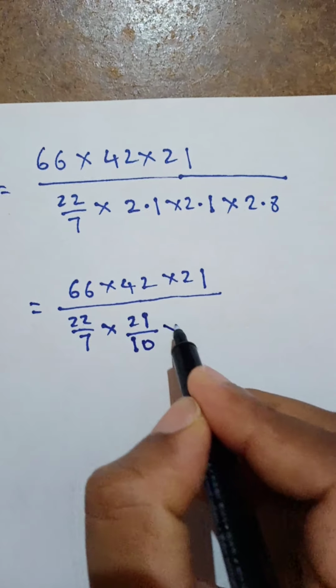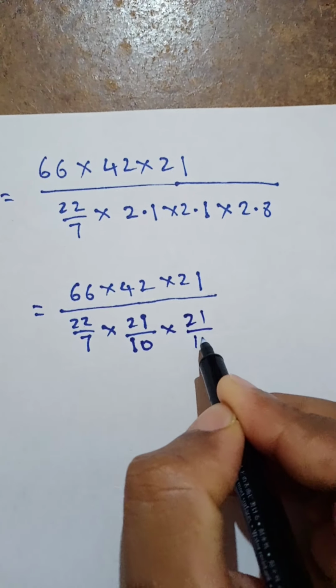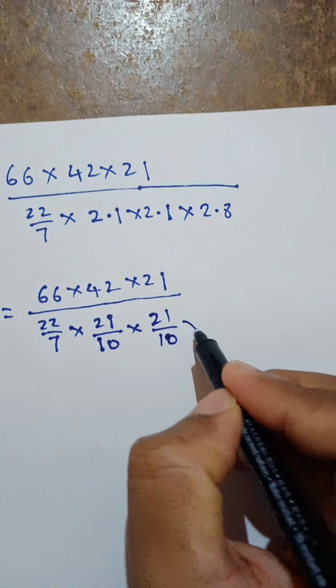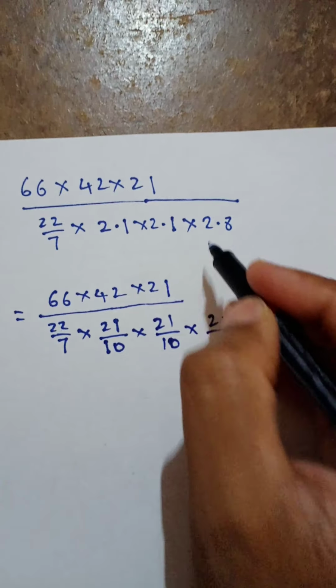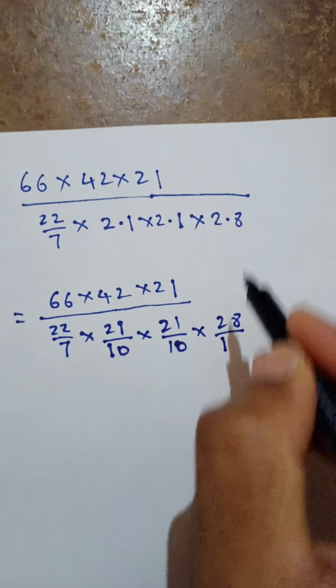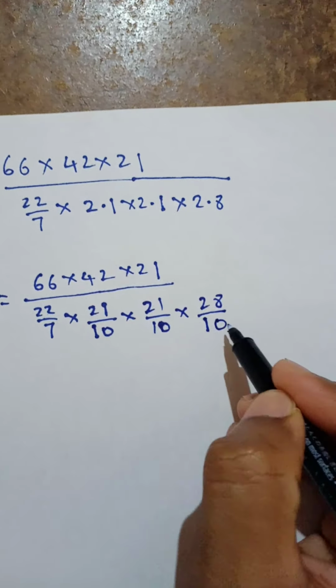This one also becomes like that, 21 by 10 into 28 by, before the point we write 1, after the point 1 number, so 10 we write.